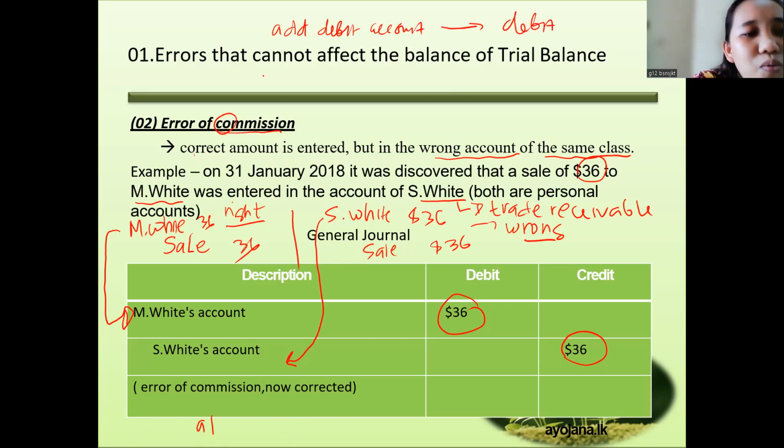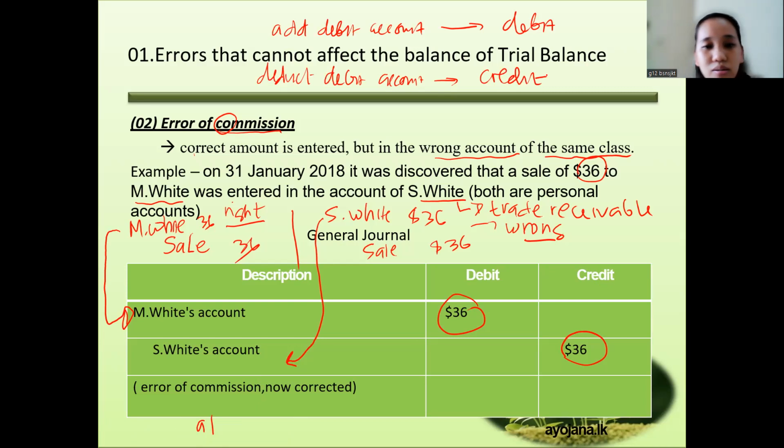But whenever you want to deduct or delete a debit account, you need to put it on the opposite side, which is the credit side. Or whenever we want to add a credit account, we put it on the credit side. Whenever we want to delete or deduct a credit account, we just put it on the opposite side, which is the debit side.